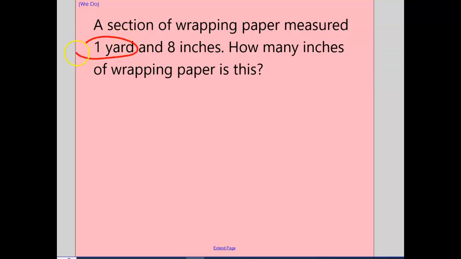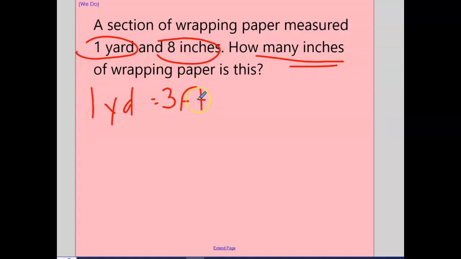Wrapping paper, a yard into inches. Well, 1 yard is 3 feet. Okay, and 1 foot is 12 inches.